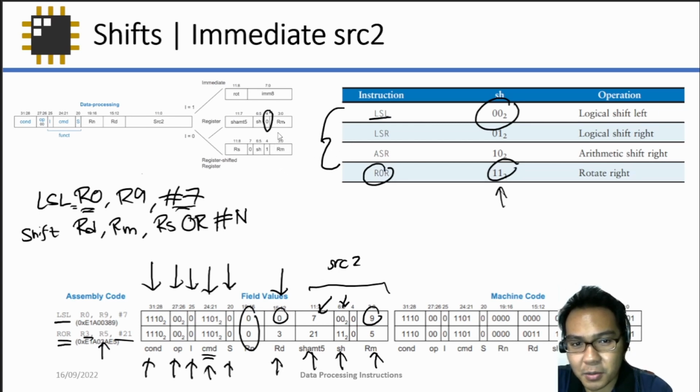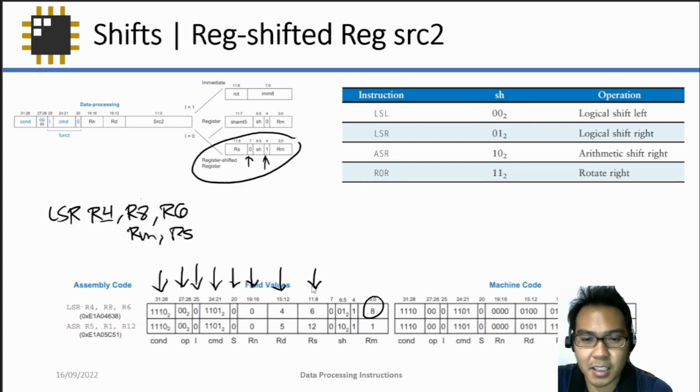If bit 4 is 0, it's register. So that's why in the next slide it's now 1. LSR, logical shift right. It says here 0 1, so we put here 0 1, and that's basically it for LSR.